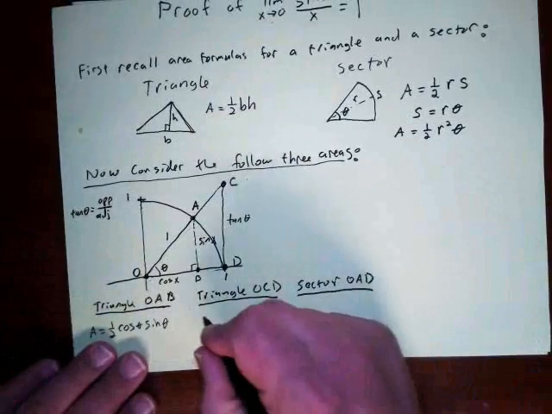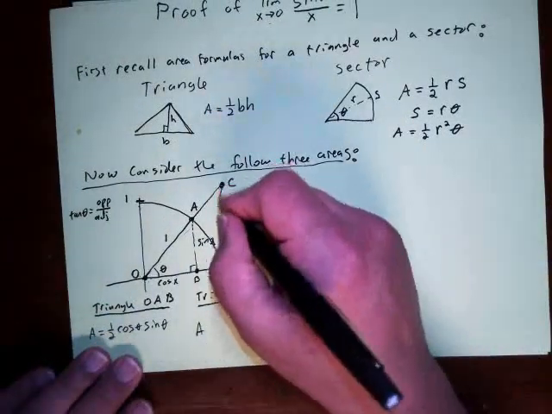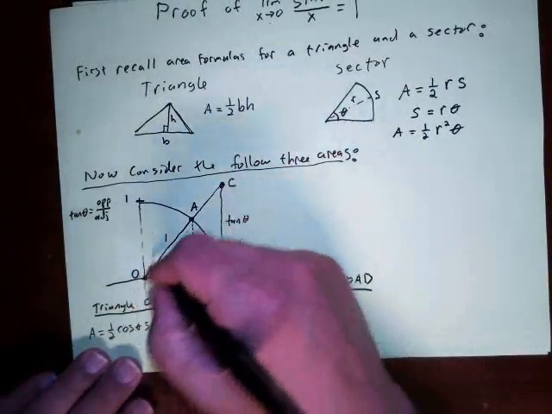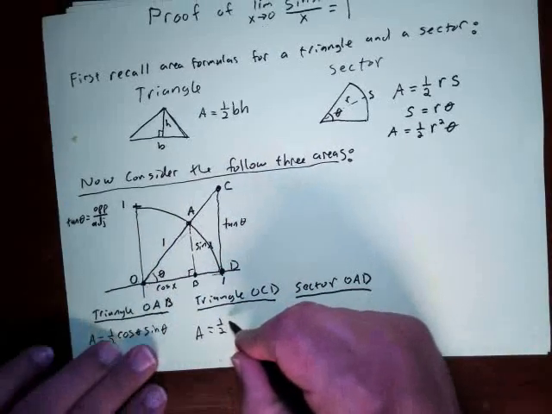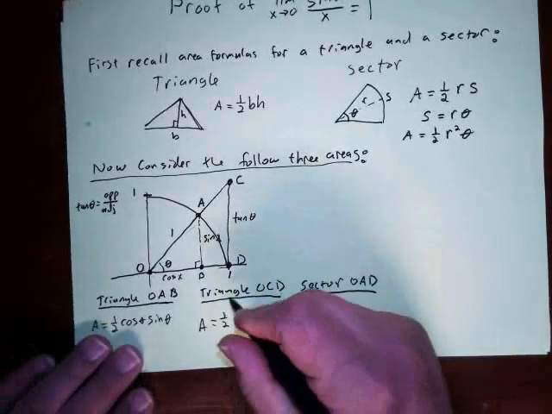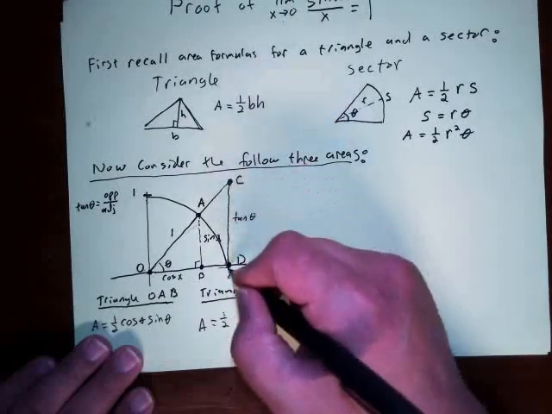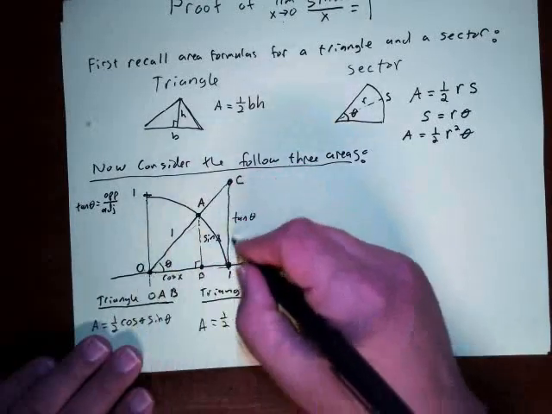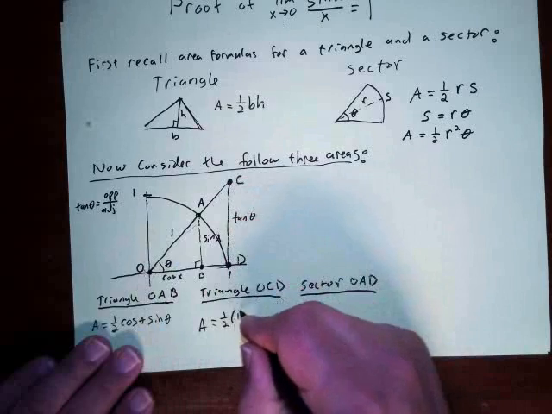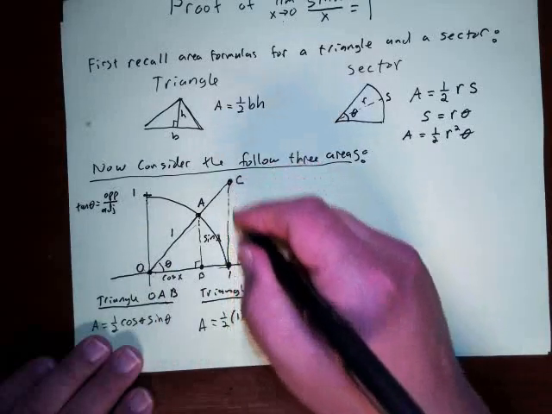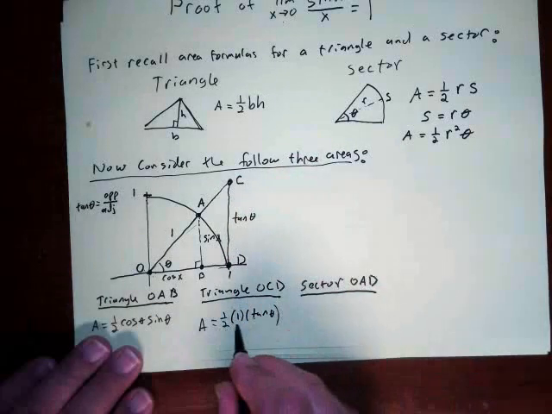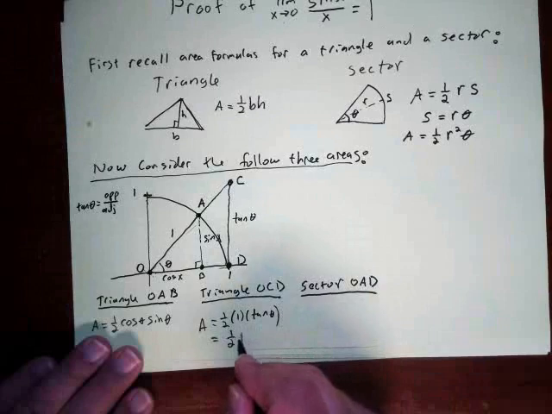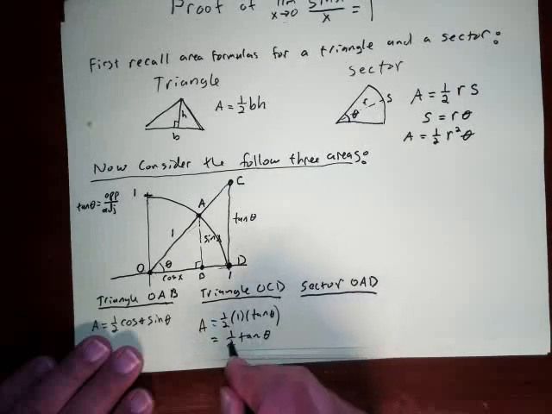So that's a little strange, but it would mean here that the area of this triangle is 1/2, this is the base, right? 1/2, and the base is 1, and then this side is tangent theta. 1/2 base times height. And notice I could simplify this to just 1/2 tangent theta.